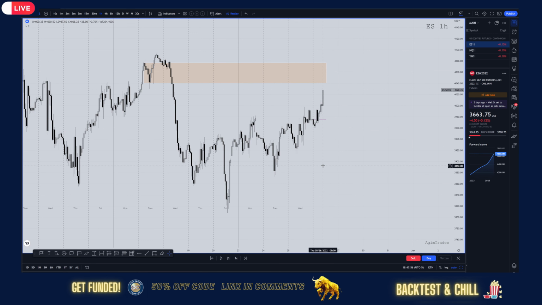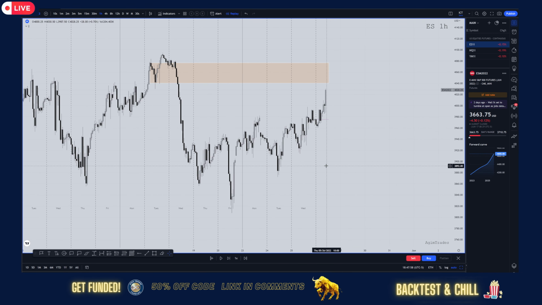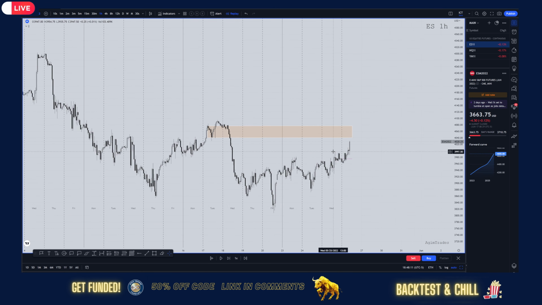So at 9 o'clock, definitely had a market maker buy model on this one, where it swept these lows and then made its way back up. I do think they might be using this as an accelerant to go higher.